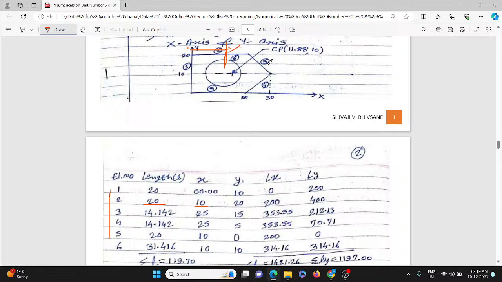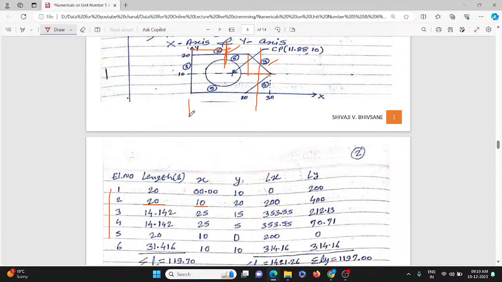Then go to the next element, that is element number three, this one. So where will be the centroid? Here you can see the third element. The centroid will be somewhere at the center like this.